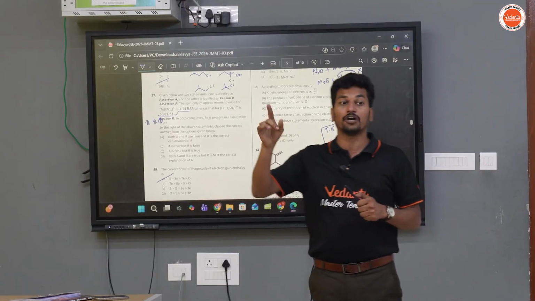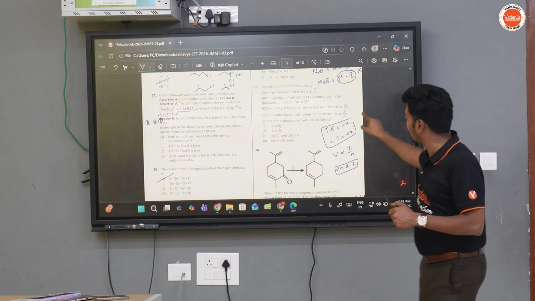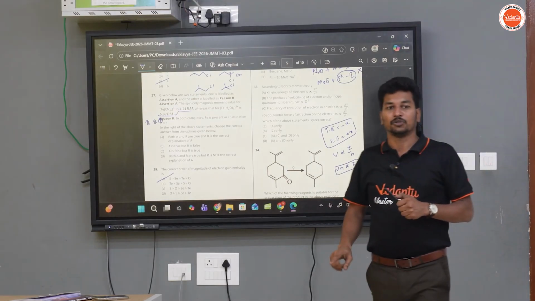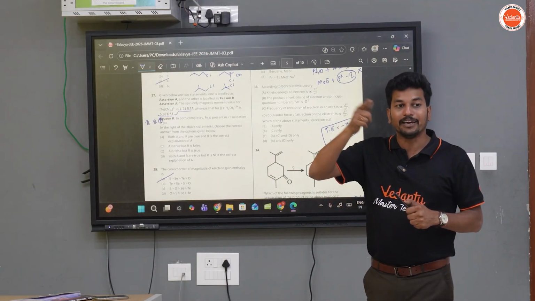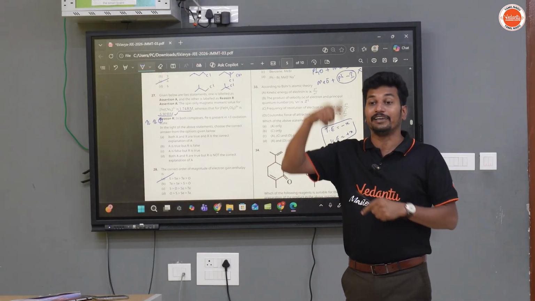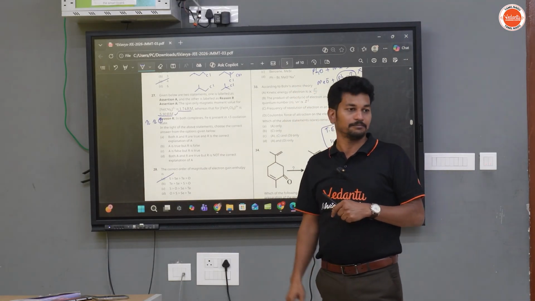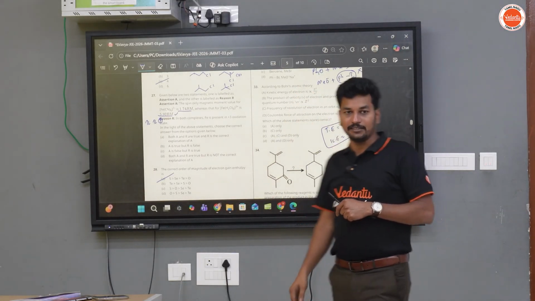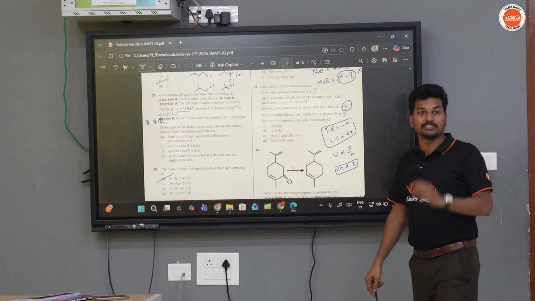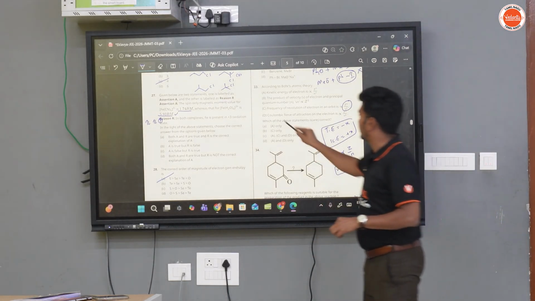Actually, the expression is z square by n cube. But small correction, you see that? Z cube by n cube is given. So z square by n cube is for frequency of revolution. If it is time period, the reciprocal, n cube by z square, is the answer. Got it? So please take care about the expression, how they are giving. Is it cube or square? So this is wrong.